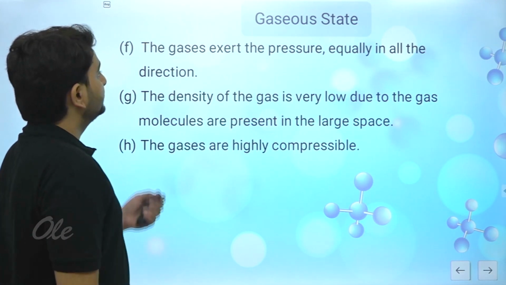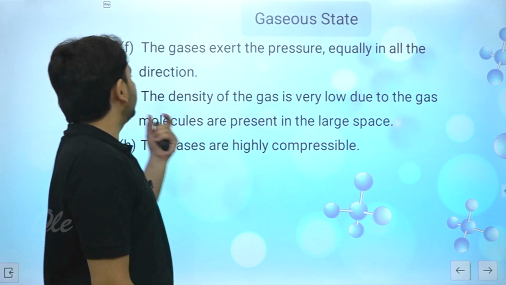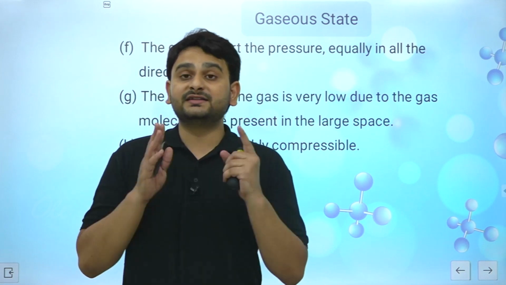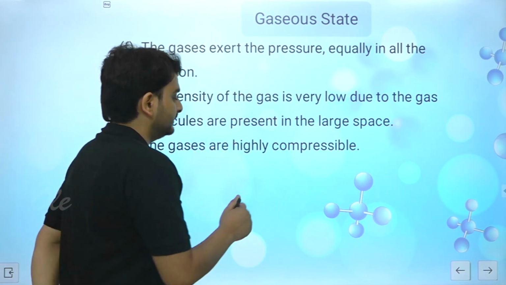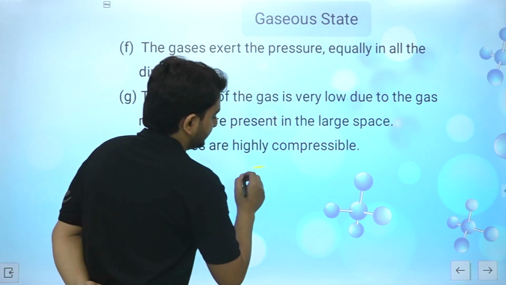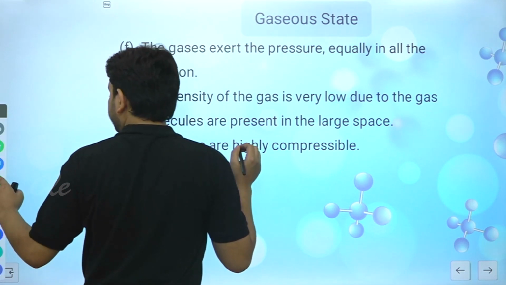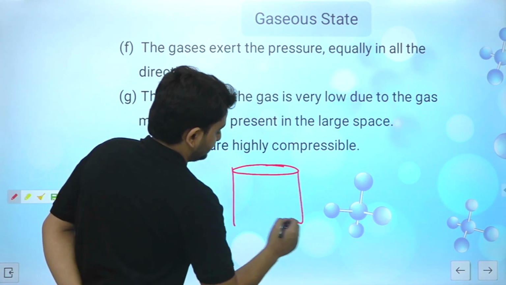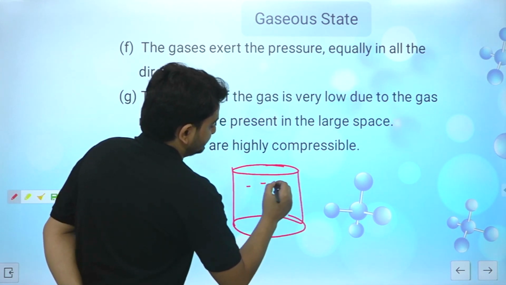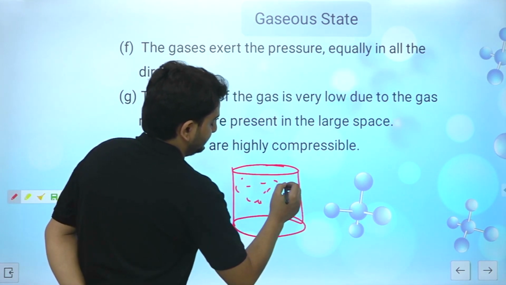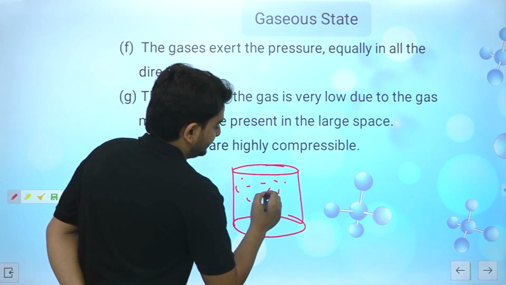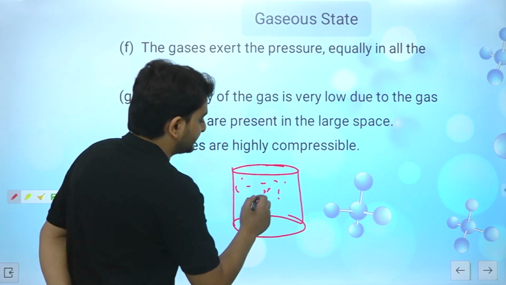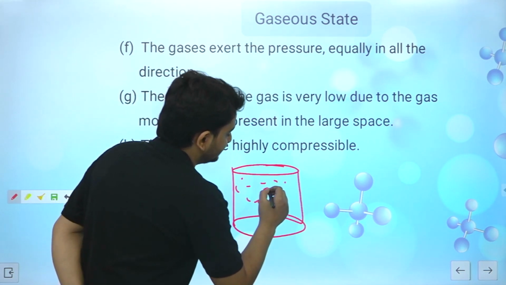The next point, gases exert pressure equally in all directions. This is very important, all right? This is a very pertinent point because let's say we have a container which is filled with gases, and let's say these are the particles. When this particle comes in contact with the wall, whatever the direction of contact, they will exert the same pressure.